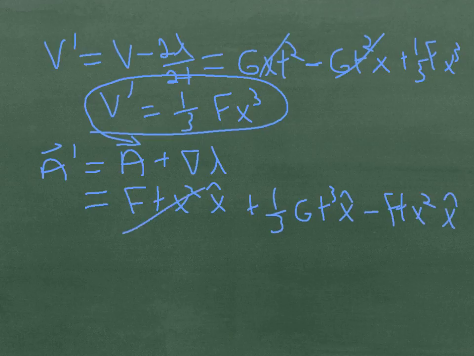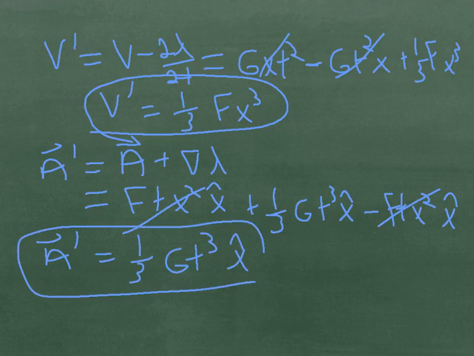Conveniently these terms cancel, and we end up with A prime equal to 1/3 g t cubed x hat. So really there we're done. We found our new potentials. As long as we've done our math right, these will satisfy the Lorentz gauge, and they'll also give us the same E and B as V and A.